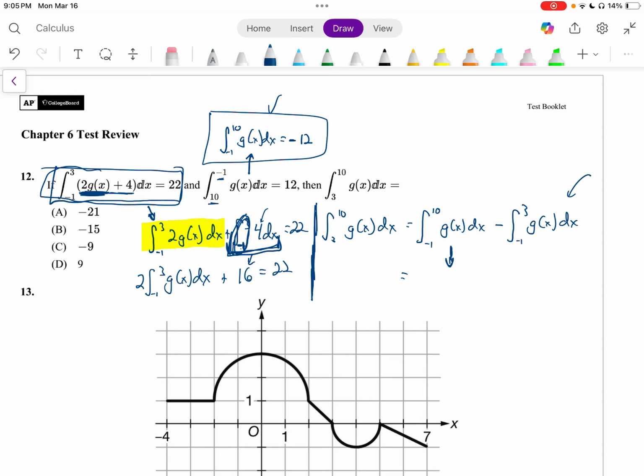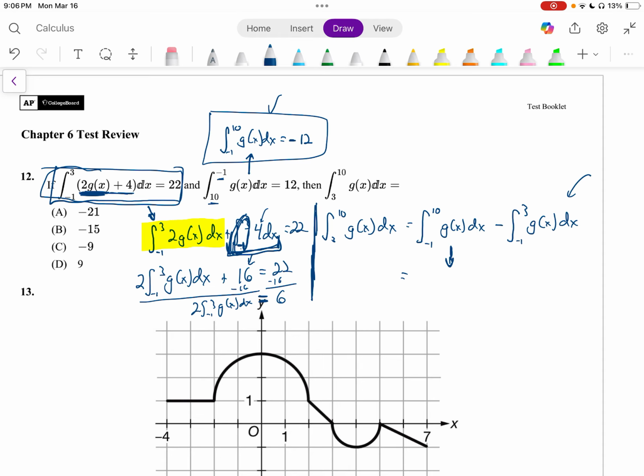And then, so this part equals 16, plus the other part equals 22. We can subtract 16 from both sides. I'm running out of space here, but subtracting 16 from both sides would give me 6 is equal to 2 times the integral from -1 to 3 of g of x dx.